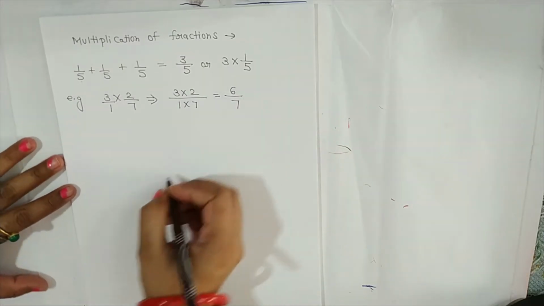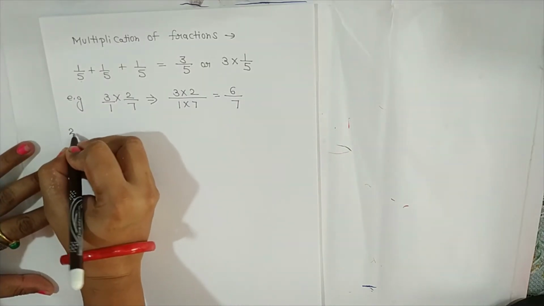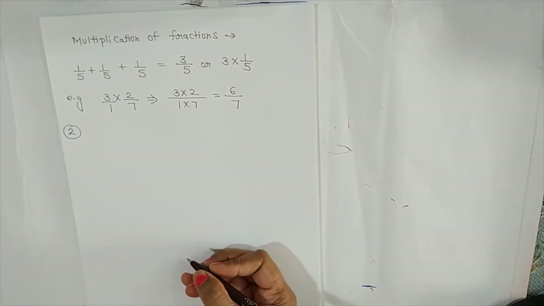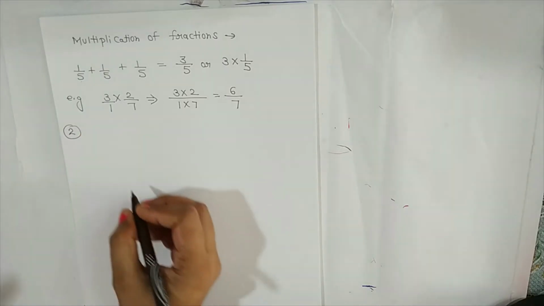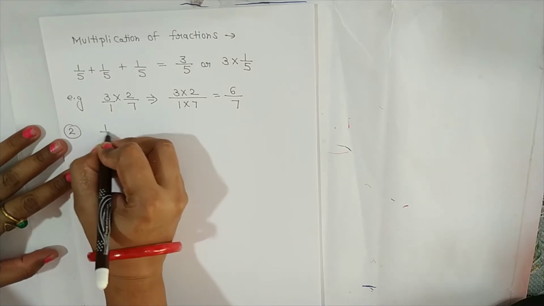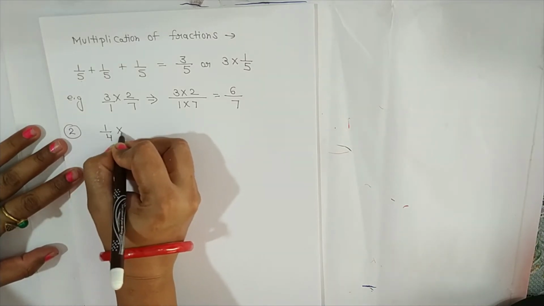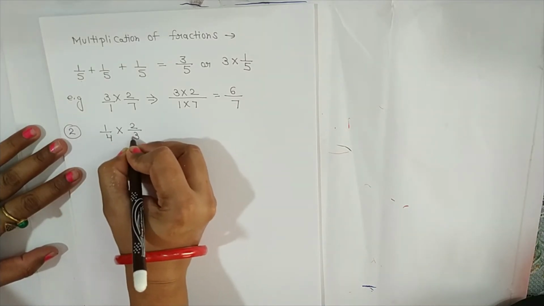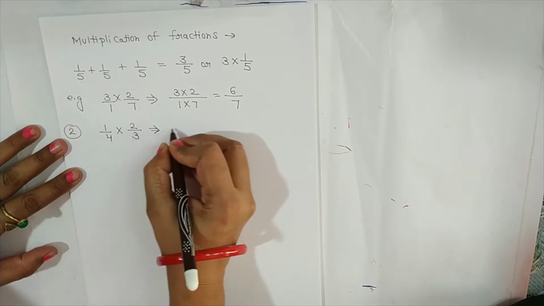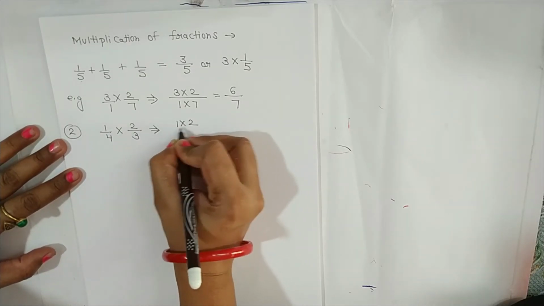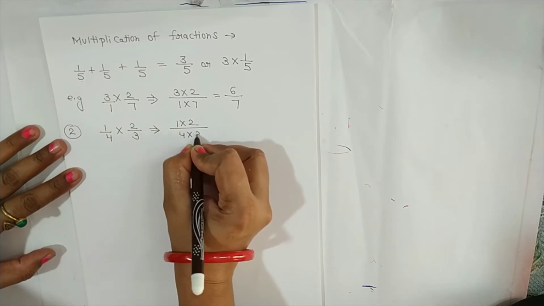Okay, now the second condition is multiplication of a fraction by a fraction. Suppose 1 upon 4 is multiplied with 2 by 3. So how can you write it? 1 into 2, 4 into 3.